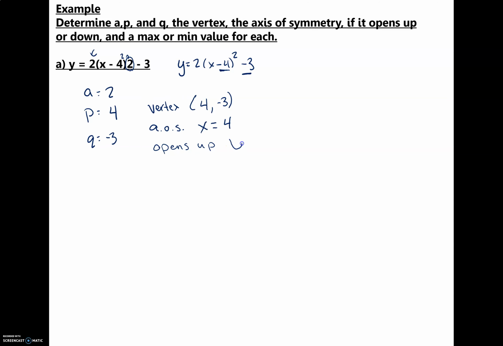And I always like to draw just a quick little graph that's opening up, and then I can visually see that, oh, the lowest point is that vertex. So the vertex is a min, and that is happening at our q value, that y value there.